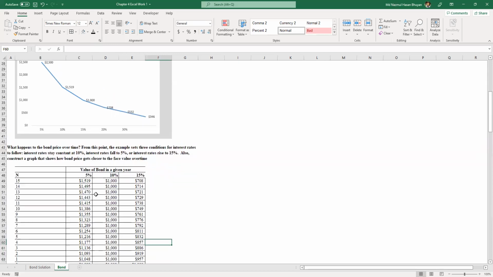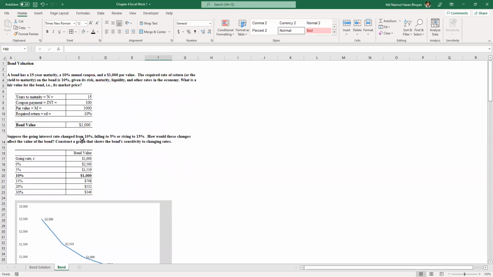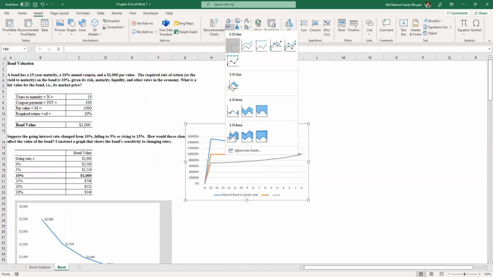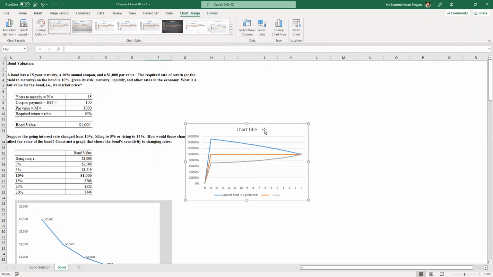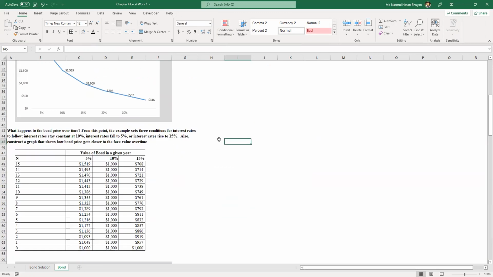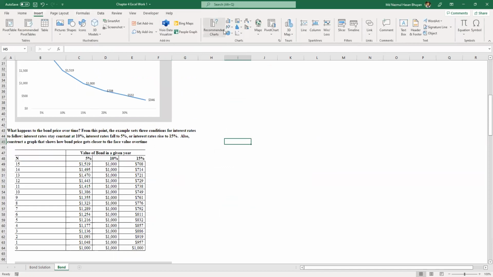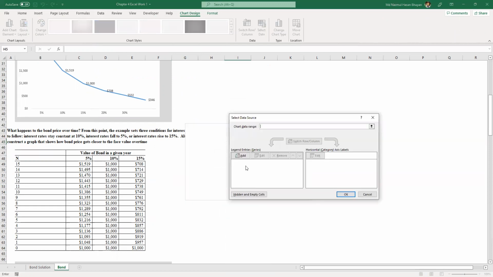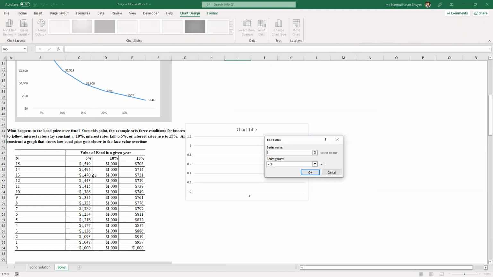All right, let us now show it graphically. Select data, add. So let's name it 5% interest rate.